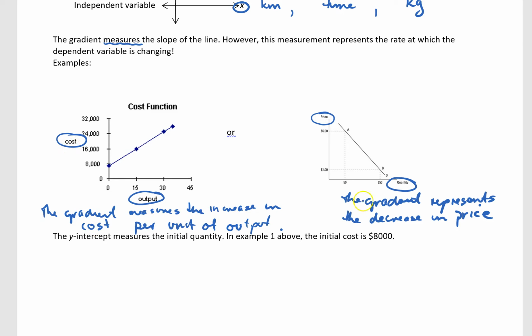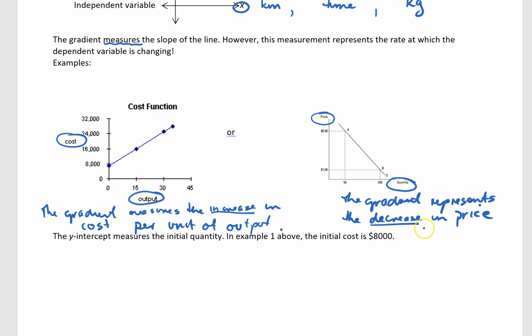We do have to recognise an increase being a positive or line sloping up, or a decrease, negative gradient, line coming down. You need to be able to identify those for yourself.